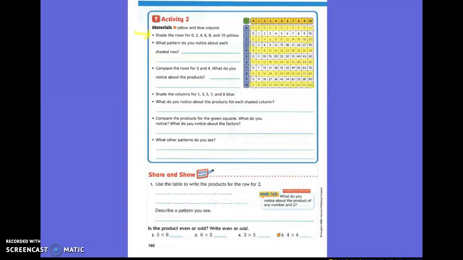That's not the pattern. Callie? Okay, I'm asking for all the rows, not specific rows. What do you notice about all those answers, all the products for all those? Counting by that.